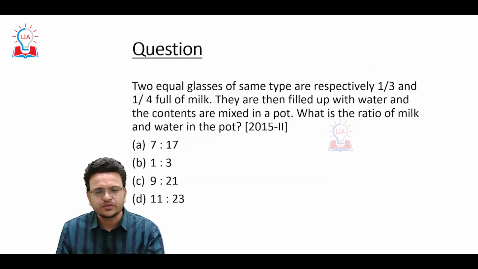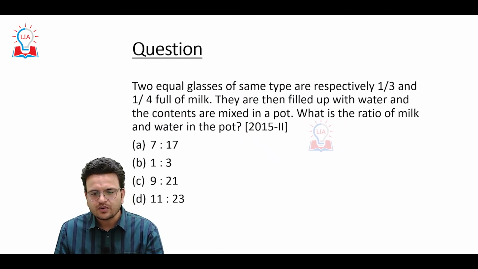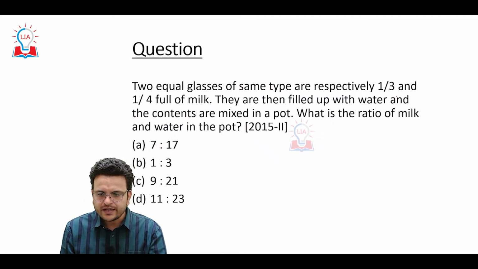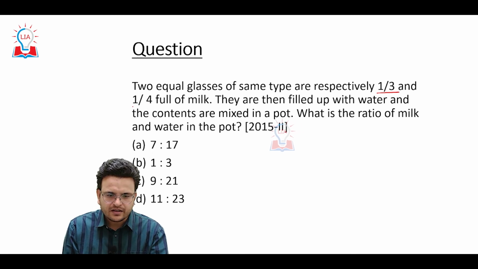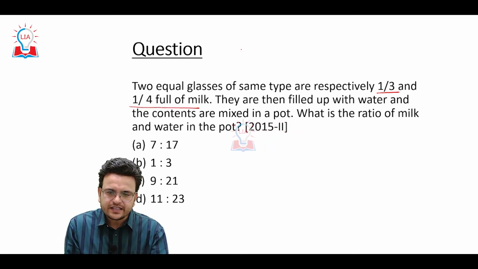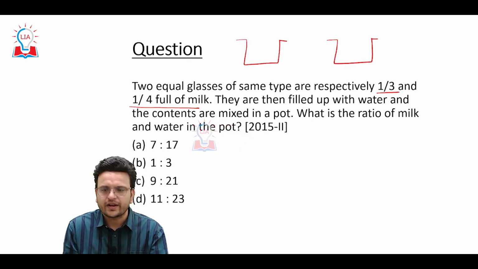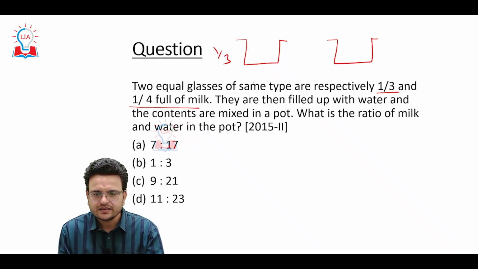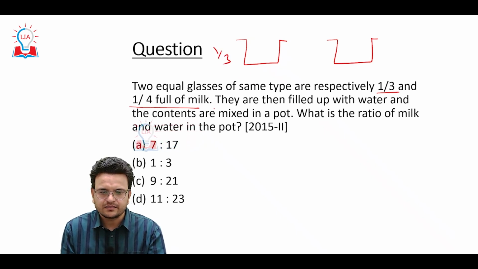Come to one more question. Two equal glasses of the same type are respectively 1/3 and 1/4 full of milk. Okay, the quantity is equal. So 1/3 milk here, and 1/4 milk here.